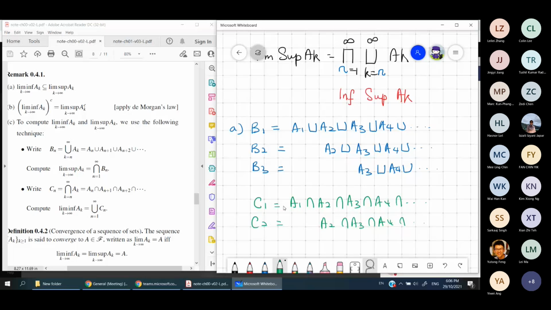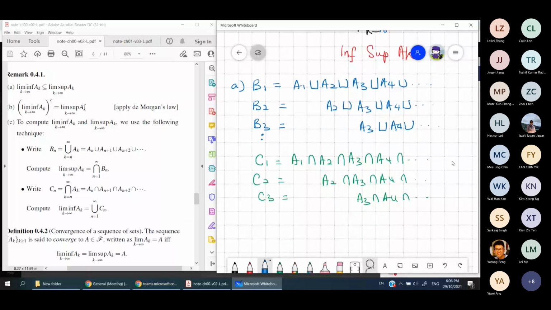And C3 will be A3 intersect A4, and so on. Using this method, we can construct two more sequences of sets: B1, B2, B3, and so on, as well as C1, C2, C3, and so on.